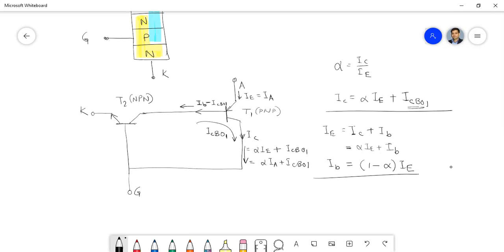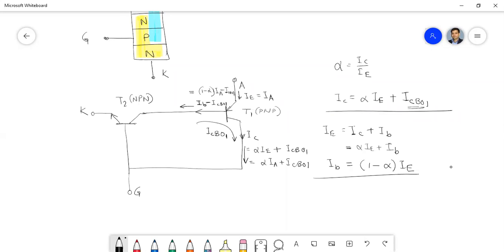As IB equals 1 minus alpha IE, replacing IE with IA, it is 1 minus alpha IA minus ICB01.